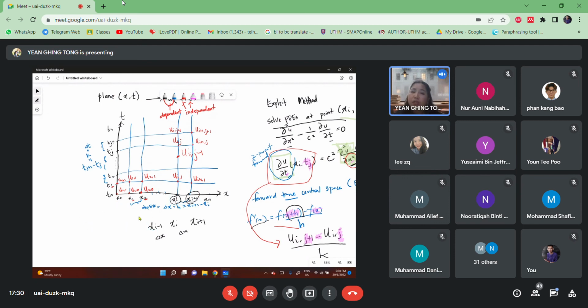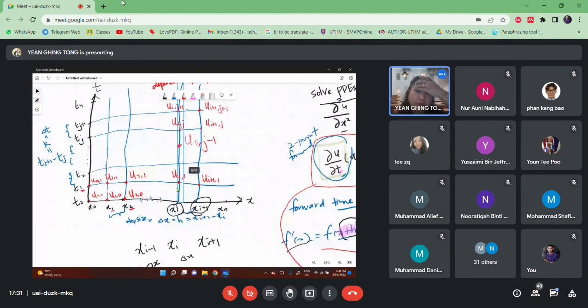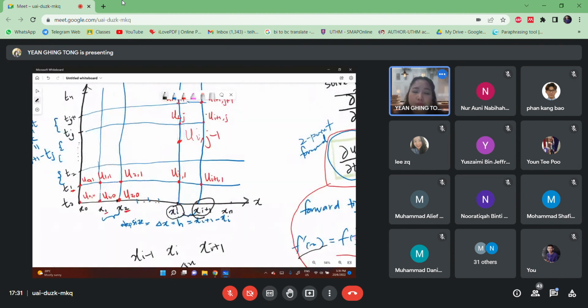Let's say we want to find the value of u. Now we want to find all the values of u inside here, all the points, u11, all the points here. Let's say this one is x0, this one is x1, this one is x2, and x3, and so on. So I can also use xi, or even xi minus 1, like this. If in front here, this one is xi. So this one is xi minus 1.